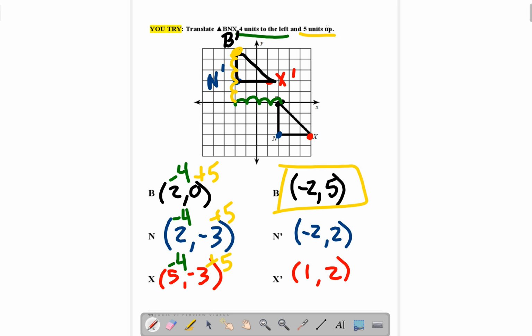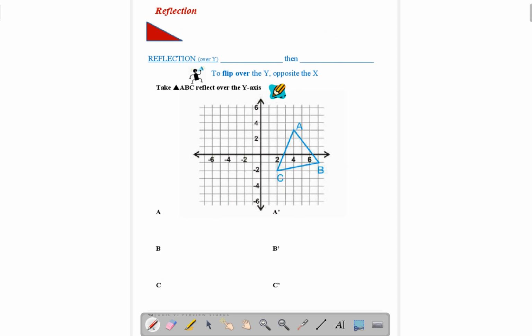Check your work, folks. If you're correct, I should see a big star or smiley there. Ready? Let's do the next one. Reflection. We're going to reflect over the y-axis. So if I start with the XY, and I'm reflecting across the y-axis, which means I'm going this way over the y-axis in this case.